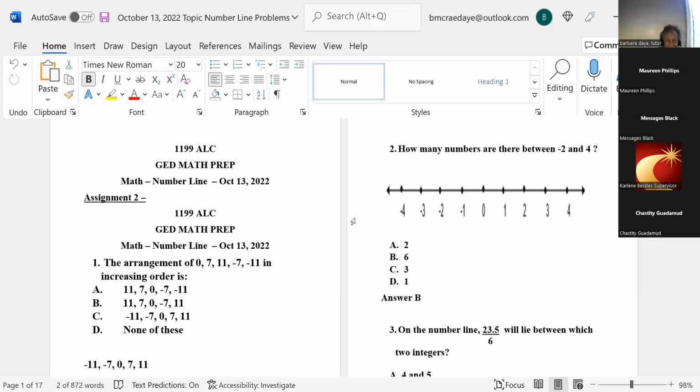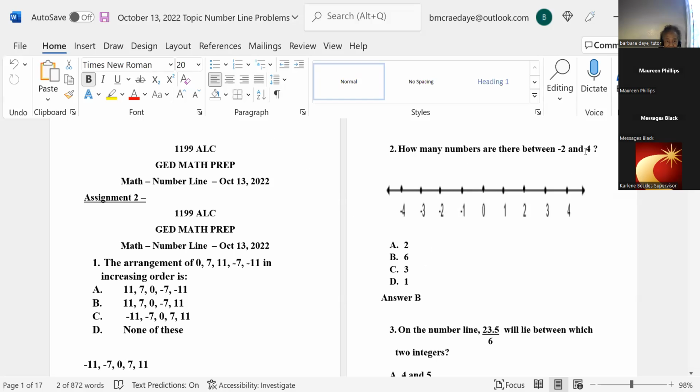Let me see if I get it right. There's the -2 and there's the 4. So what do you see between them? 6. That's right. 1, 2, 3, 4, 5, 6. -2 to 4 is 6. The absolute value is just 6.